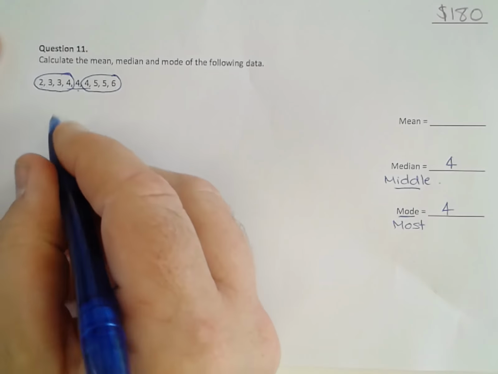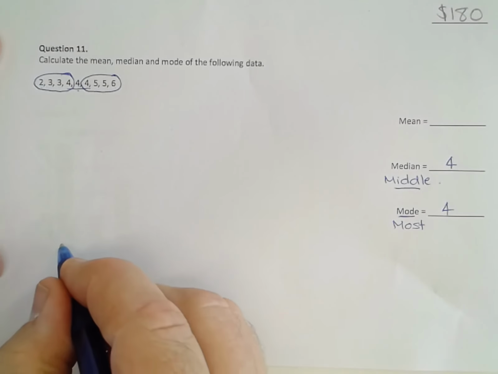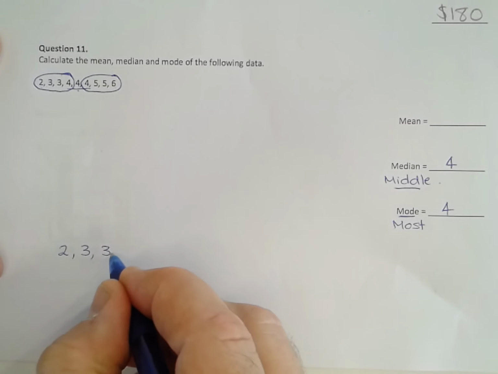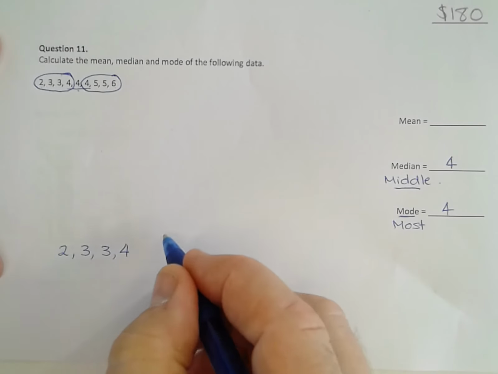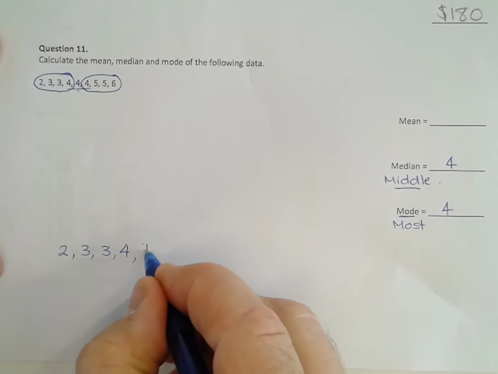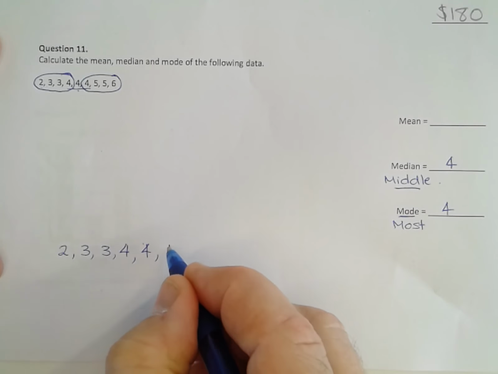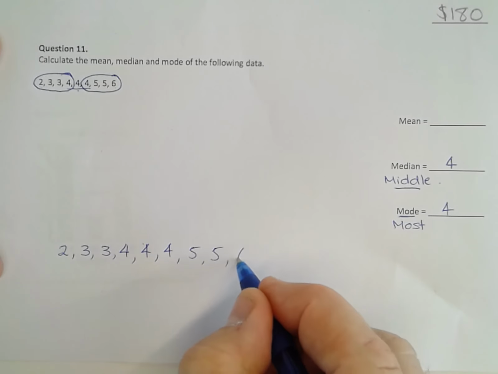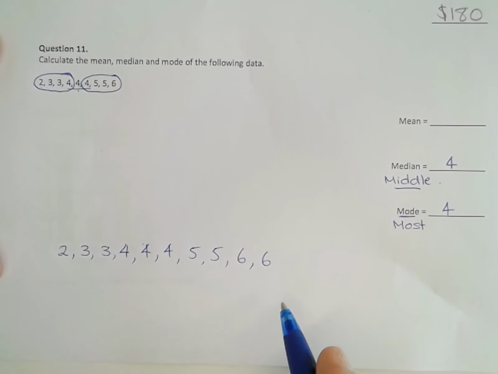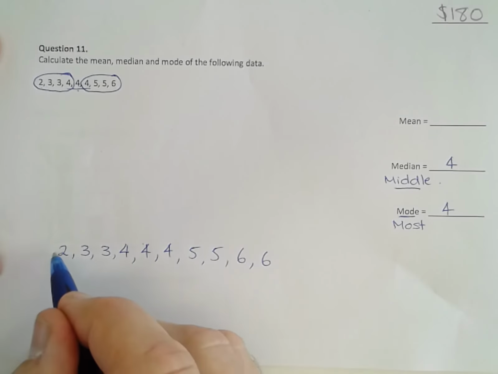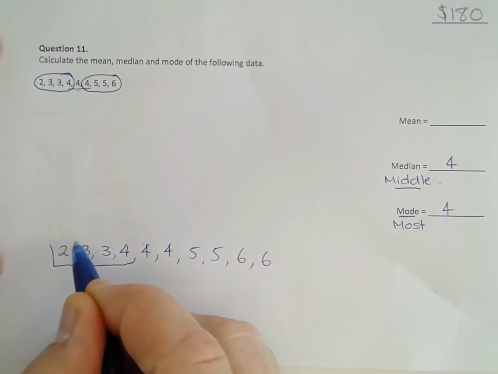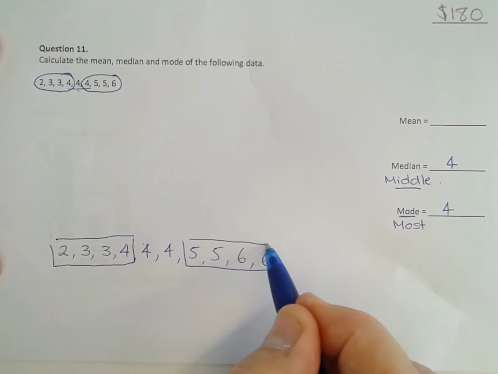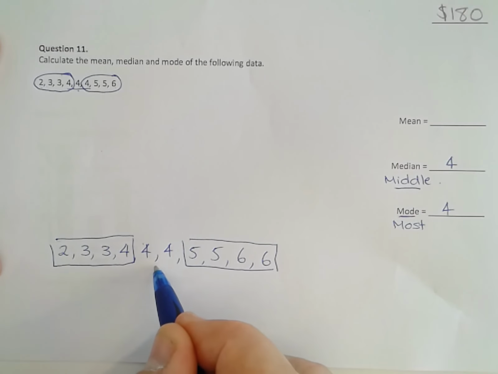If I have, as an example down the bottom here, if I had these numbers, so 2, 3, 3, 4, 4, 4, 5, 5, 6, and I added another 6, for example, what we have to do in this case is, if I took 4 off this side and 4 off this side, I'm left with 2 numbers in the middle.